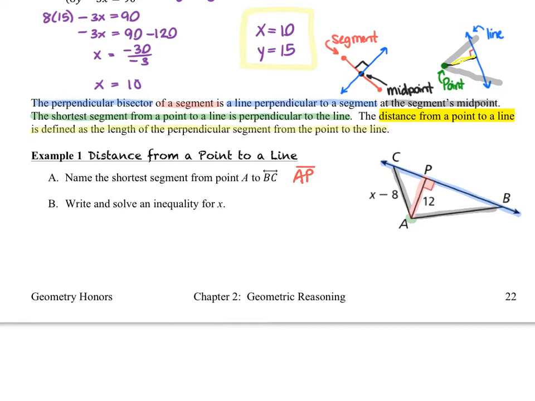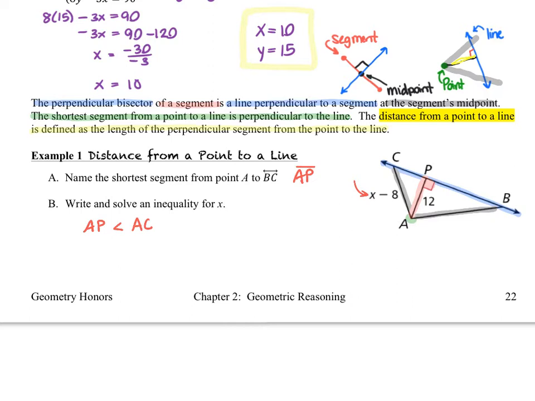Well, this seems a little mysterious at the moment. However, when we think about what we've got here in the diagram, we know that the length of segment AP is the shortest. And we have an expression for the length of segment AC also, but that's going to be longer. So the length of segment AP is less than the length of segment AC.